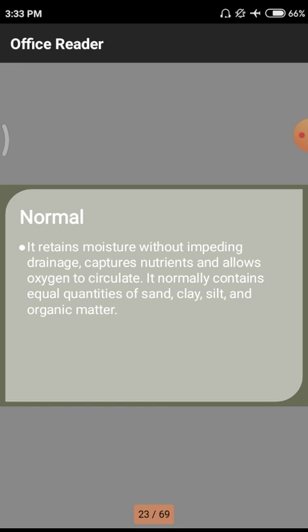It normally contains equal quantities of sand, clay and silt and other organic matter. That means the total land is formed by the action of erosion. First of all, we need to know about erosion. This erosion is mainly caused by the flow of water and wind.